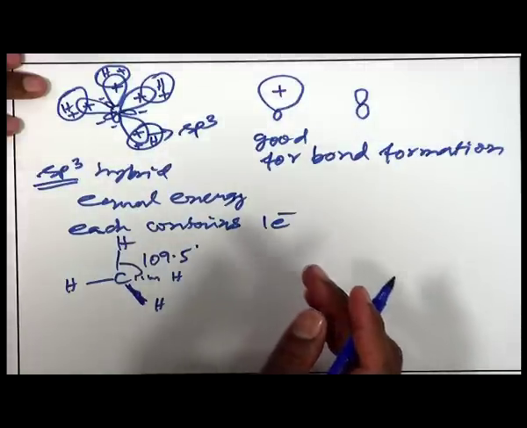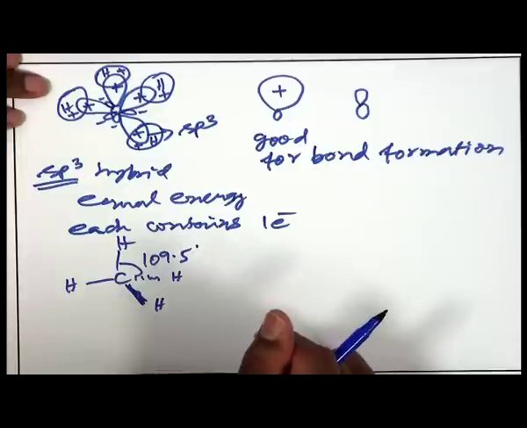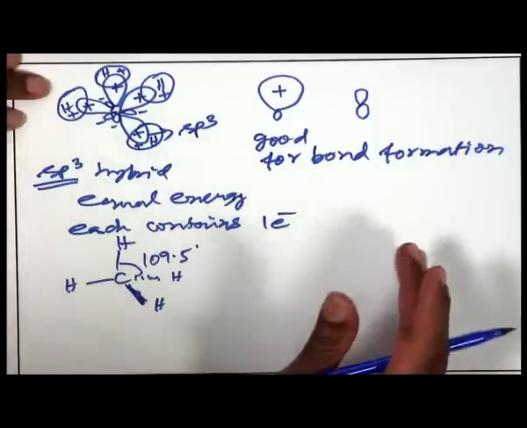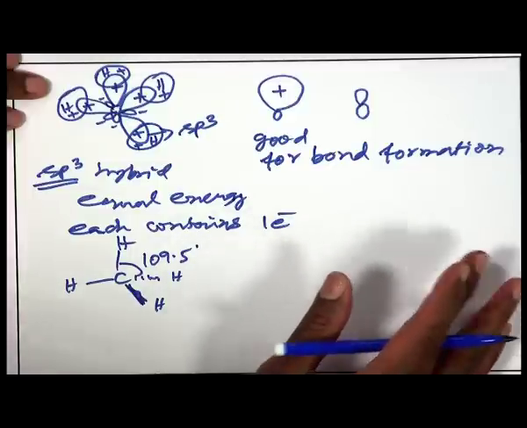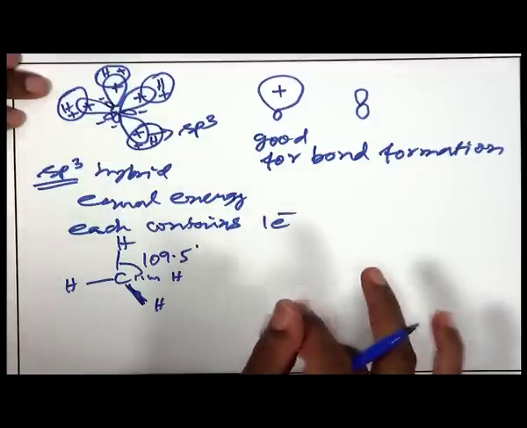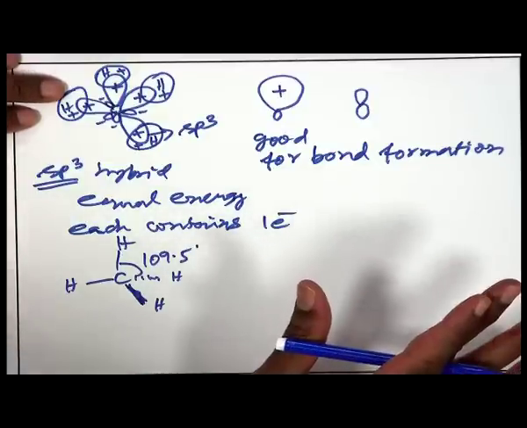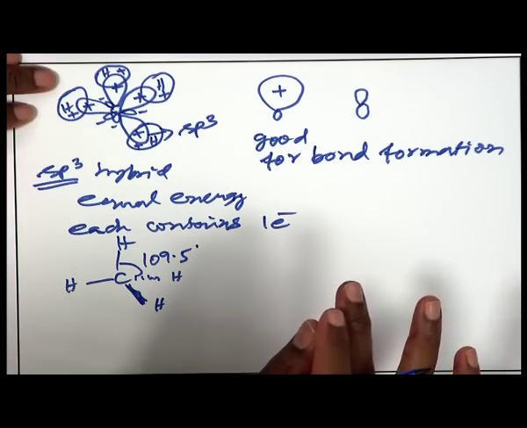Basically, what we have seen is the overlap of atomic orbitals, on top of that promotion of electrons to a higher lying orbital, then hybridization between the orbitals giving hybridized orbitals, and then bond formation leading to a shape of the molecule.